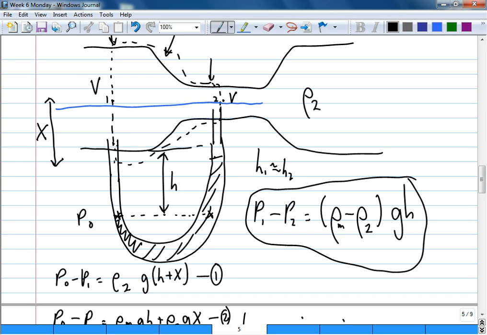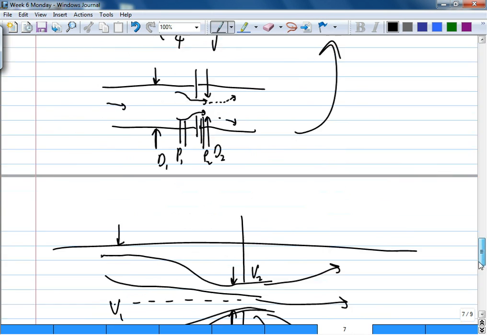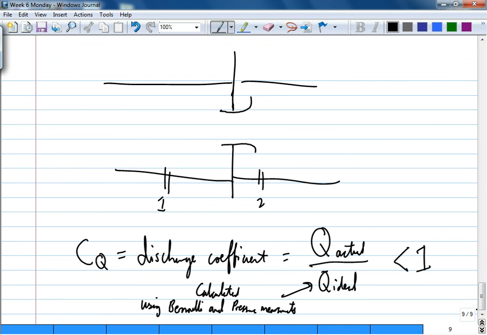But some of that pressure drop actually comes from losses within the system, within either the Venturi tube or the orifice plate. Because of those losses, the actual pressure drop due to the change in velocity is less, and therefore the flow rate is actually less than what is predicted. The pressure drop that we measured is overestimated, because it includes the pressure drop due to change in velocity and the pressure drop due to losses. But the Bernoulli equation only accounts for the pressure drop due to change in velocity.